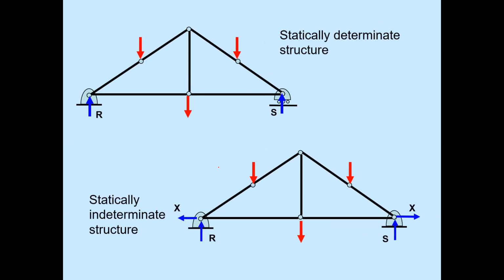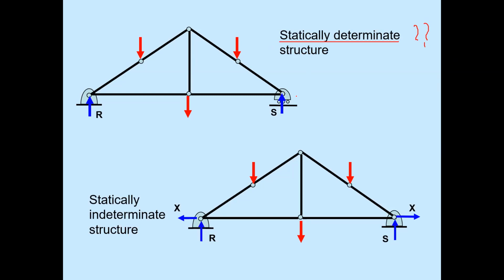I'm talking about statically indeterminate and statically determinate structures. The first question that easily comes to mind is what is a statically determinate structure? The basic theory behind a statically determinate structure is that we can analyze it by just using the equations of equilibrium.